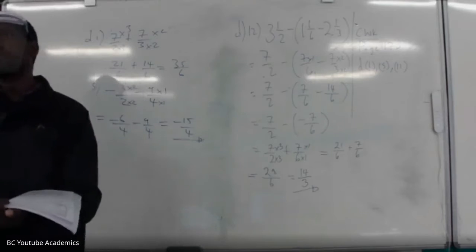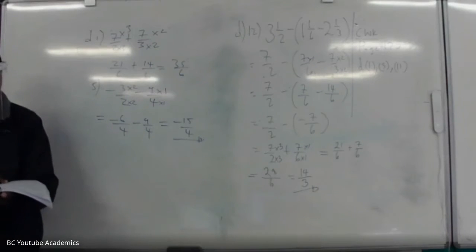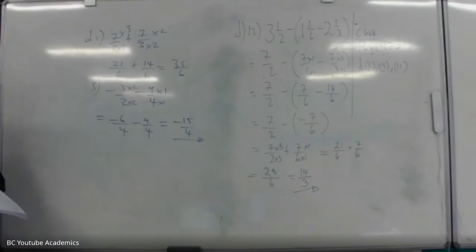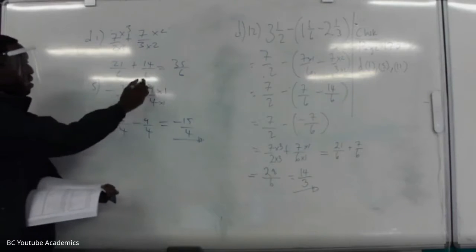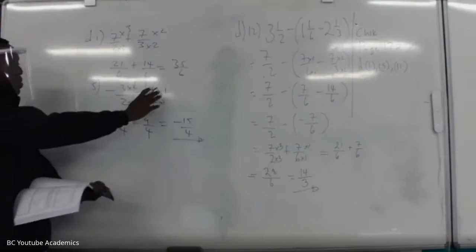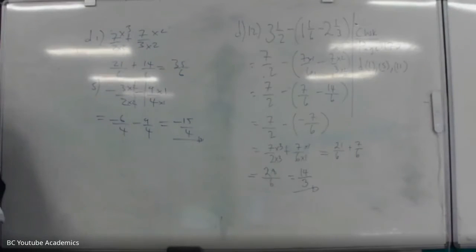When you get to this step here, please keep that in the middle. Focus on the number. Once you've dealt with the number, then you can bring the negative sign in between. Okay, let's get on.